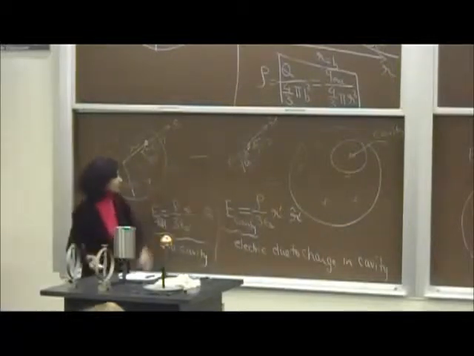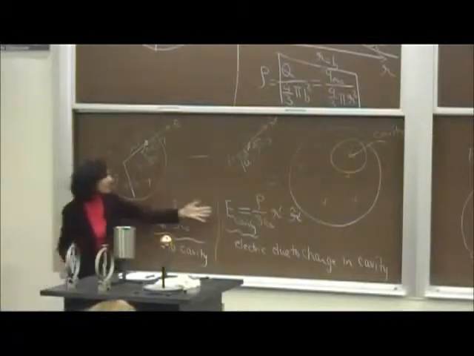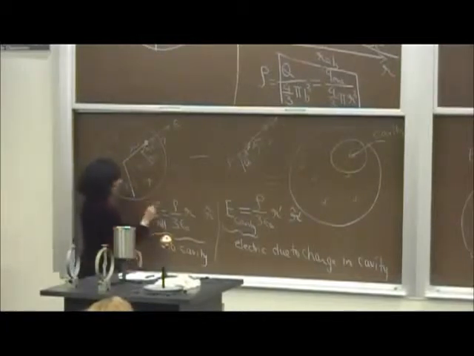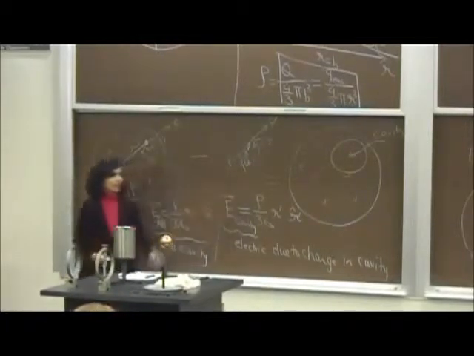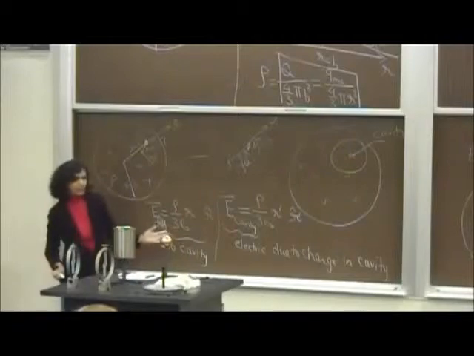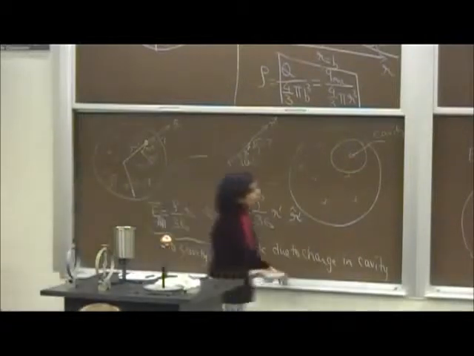Same formula applied twice. Now what do I have to do? I have to subtract these two electric fields. This is one electric field, this is another electric field. So let's subtract the two.